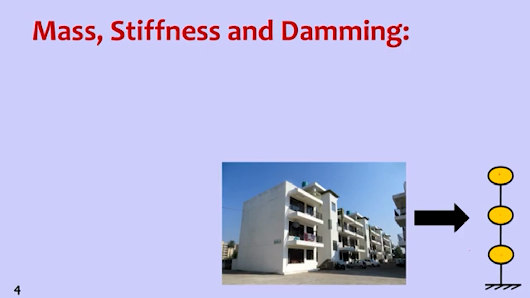So mass from this location to this location will be lumped at slab 1, and mass from this level to this level is lumped at the second level, and then the remaining mass is lumped at the third level, and this one will be the missing mass. So this will not be considered in this lumped mass analysis. Usually the acceleration or the inertia force generated at this place is lesser, and these forces we consider, M1, M2 and M3.